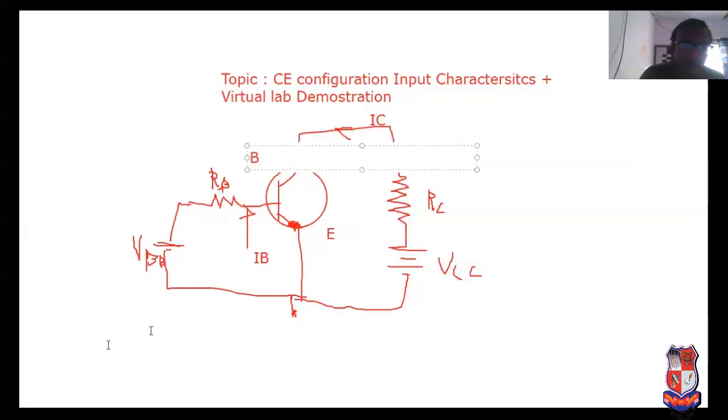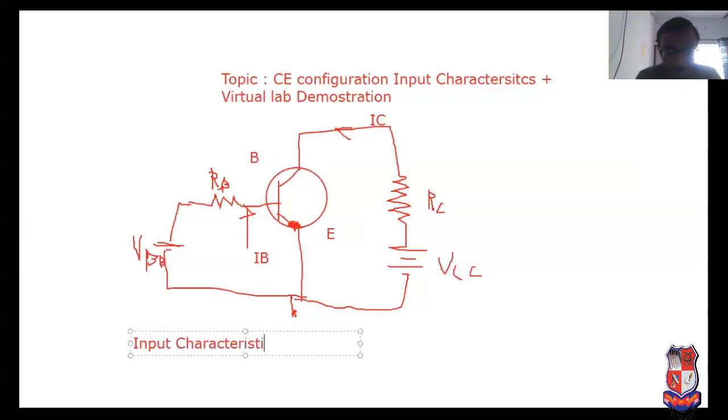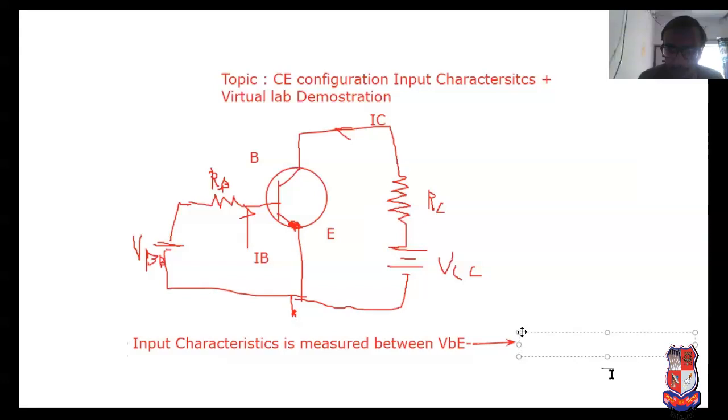So input characteristics are measured between VBE and IB.